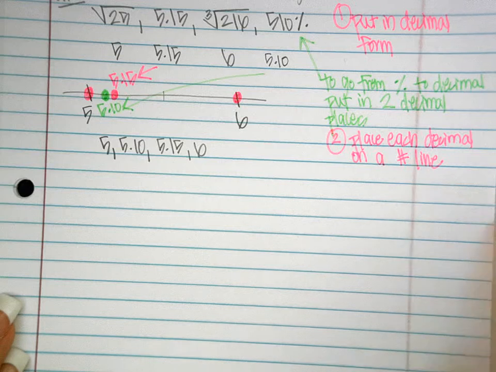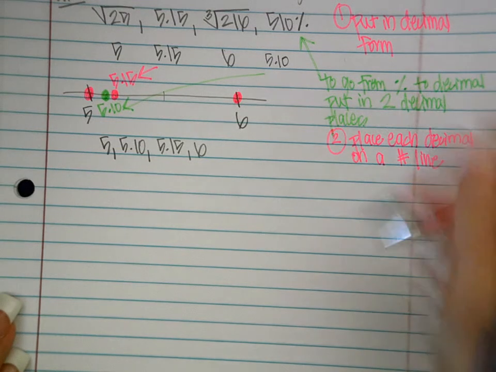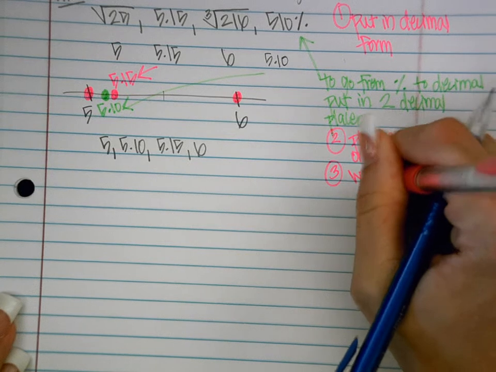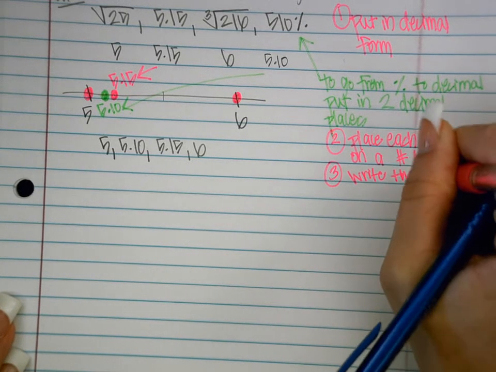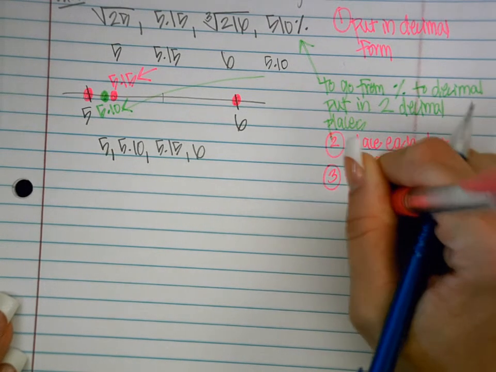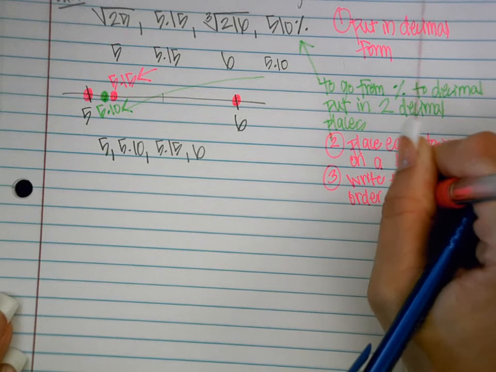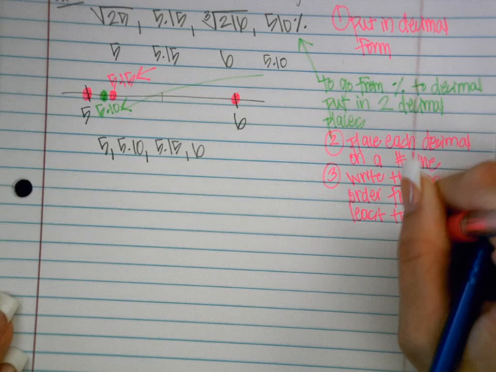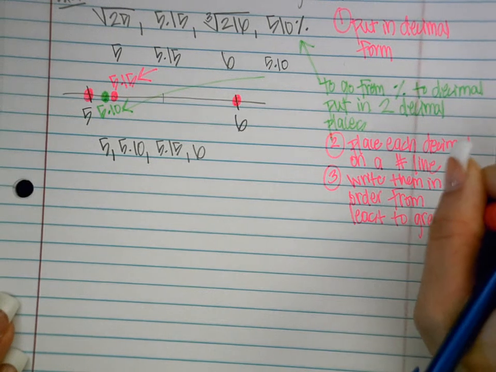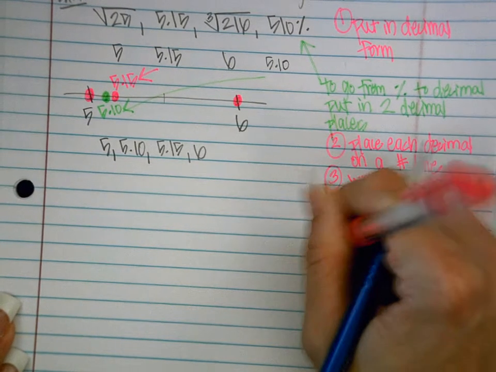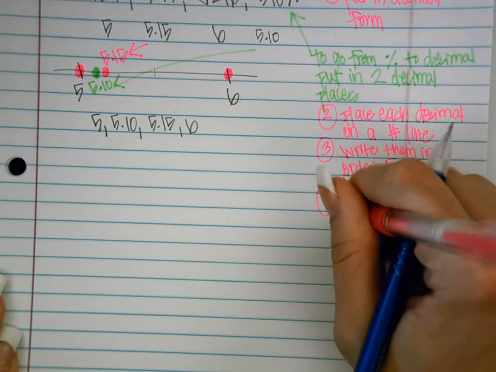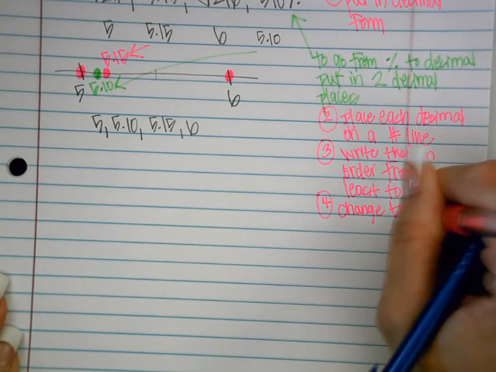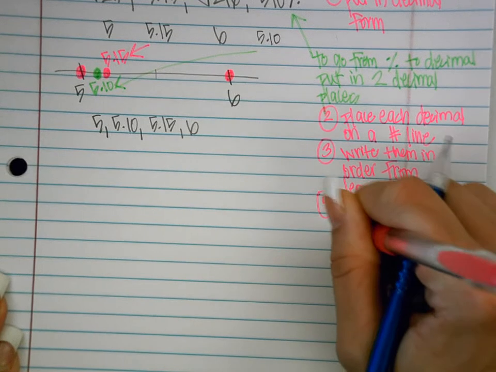Okay, so place each number on a number line. Step 3 is to write them in order from least to greatest. And the last step here is you need to change back to original form.